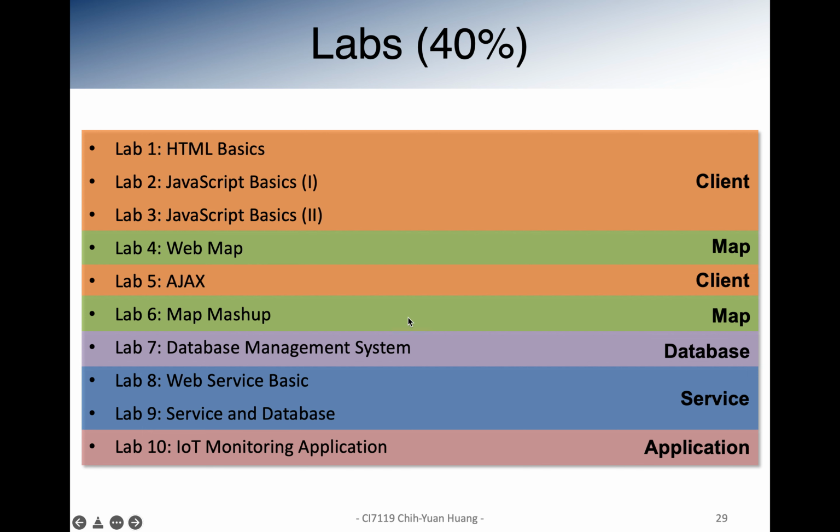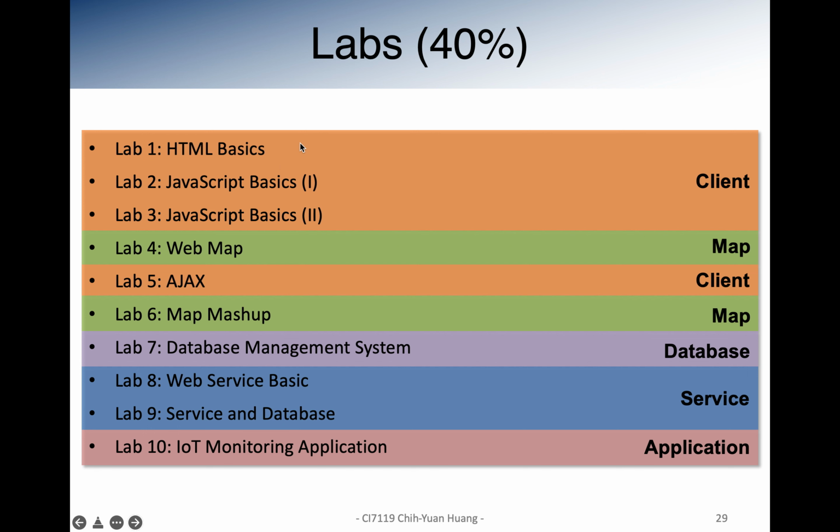It includes 10 labs, and I categorized them into different types. Labs 1 to 3, and also Lab 5, are related to the web client, including the basics of web pages, the HTML basics, and how to create a web page, for example.